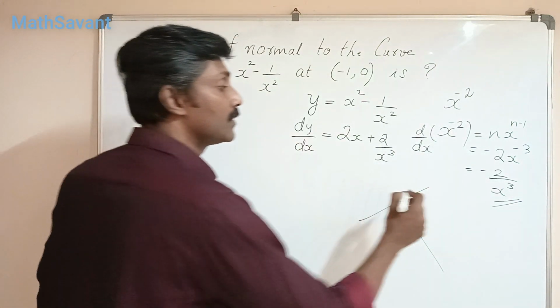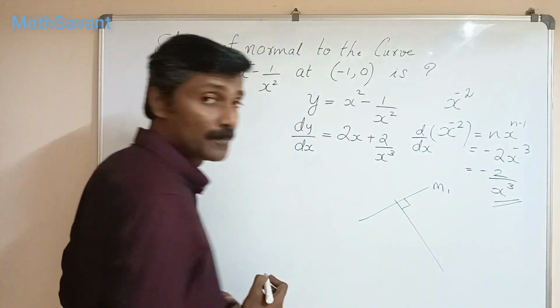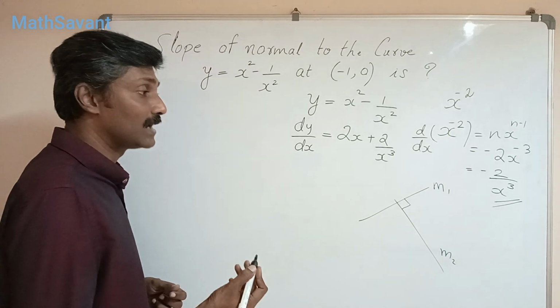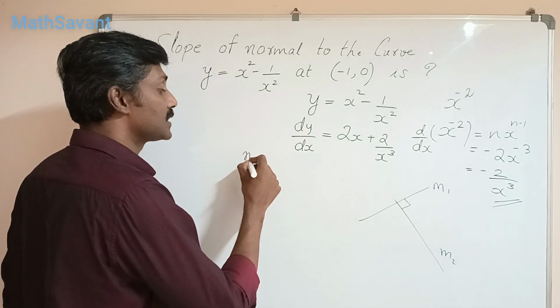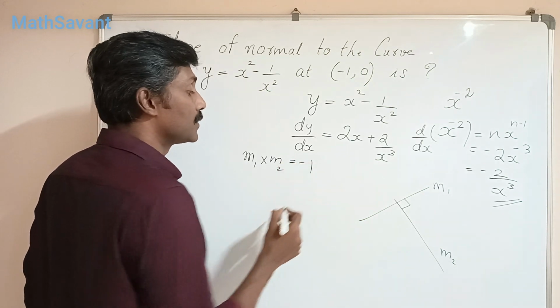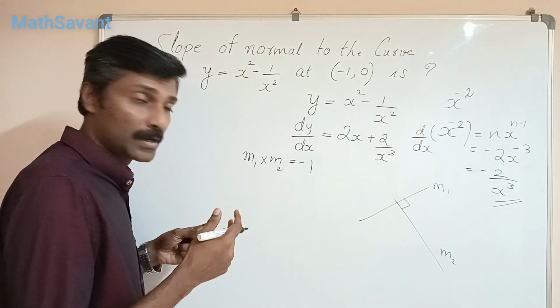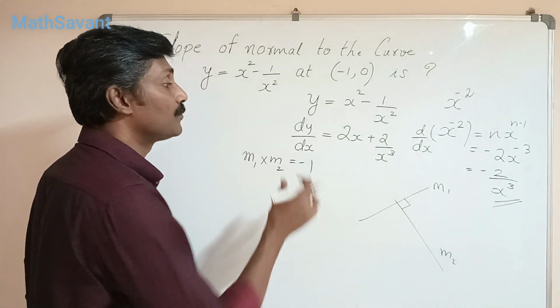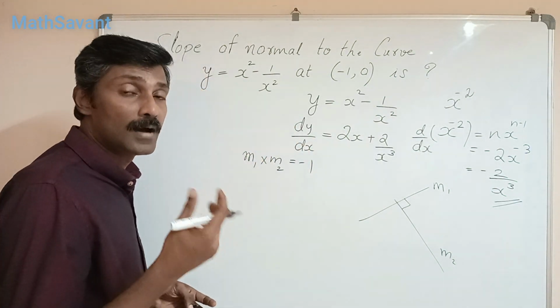So if m1 is the slope of the tangent and m2 is the slope of the normal, we know that the product of the slopes, that is m1 into m2, has to be equal to minus 1, because this is the condition of perpendicularity of two lines which are perpendicular, right? So the tangent and the normal are perpendicular.